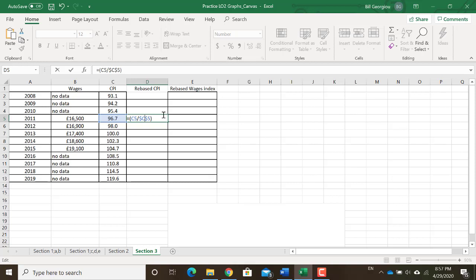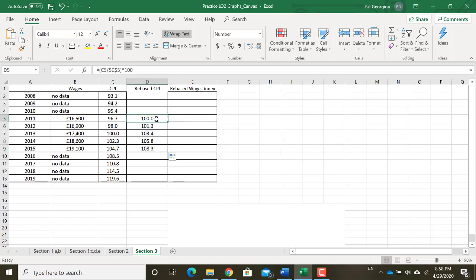So I make the row and the column stable, like this. Then I multiply it by 100. Now, this is my new base year, the base CPI. I go with my mouse to the bottom right of the cell, and I drag it until 2015 that we are interested in.